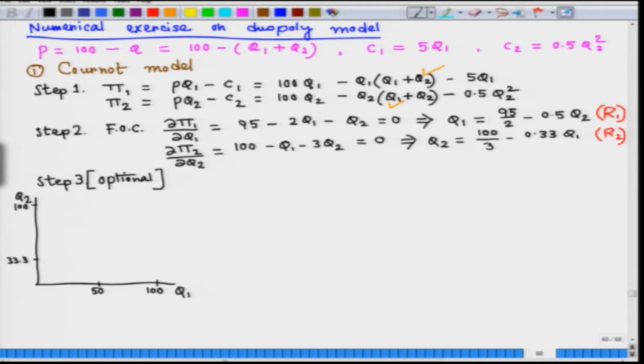Okay. So, now we are ready to draw the reaction functions. So, to plot the reaction functions, let us first look at the reaction function of firm 1.